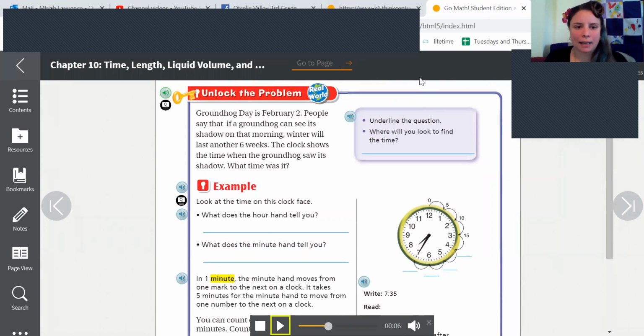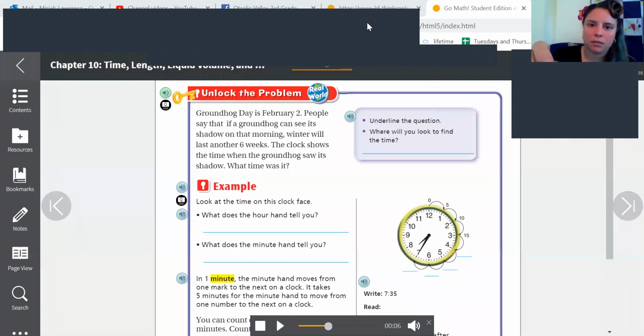Groundhog's Day is February 2nd. People say that if a groundhog can see its shadow on the morning, winter will last another 6 weeks. The clock shows the time when the groundhog saw its shadow. What time was it? So we already have some clues in the reading itself that will help us.